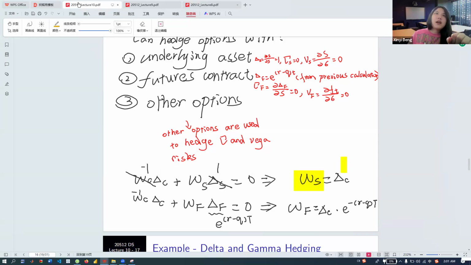So basically WS is equal to delta C if we only short one call. Sorry about my awful handwriting here.